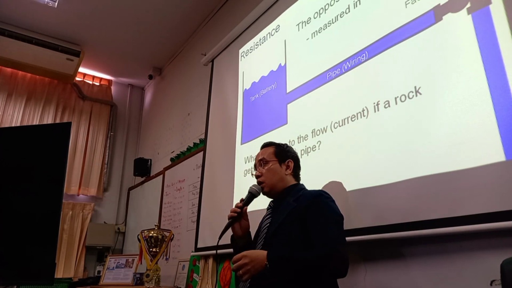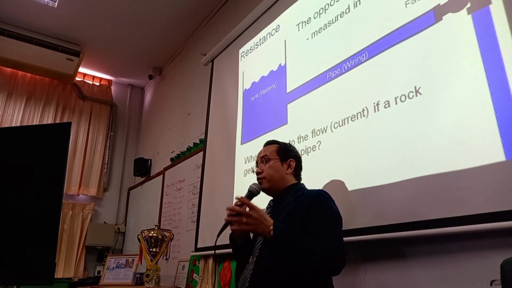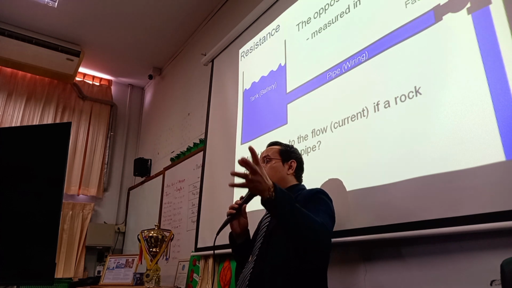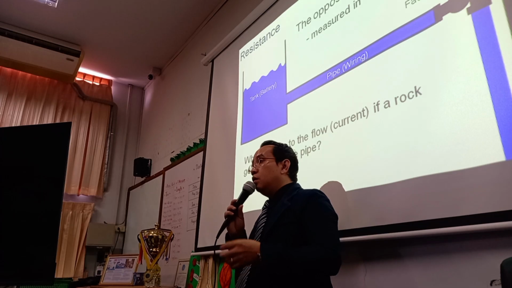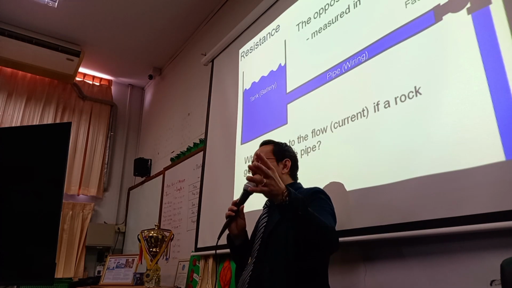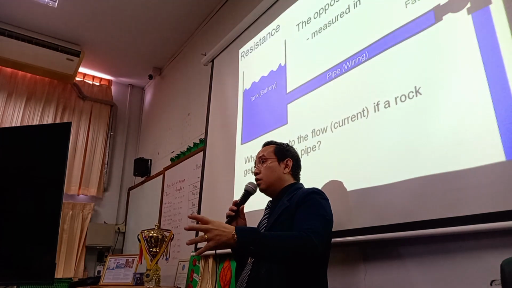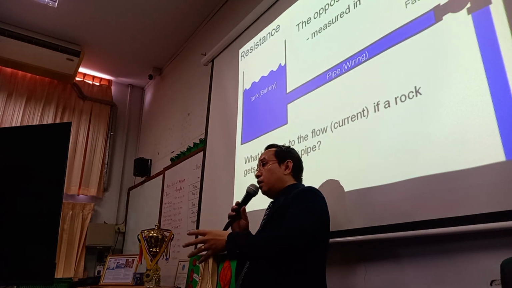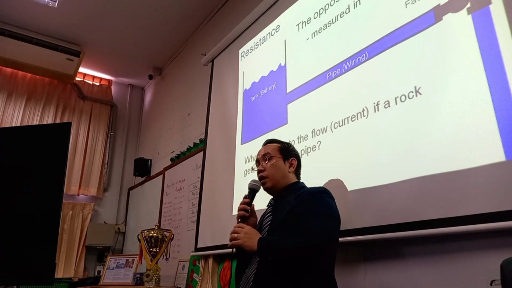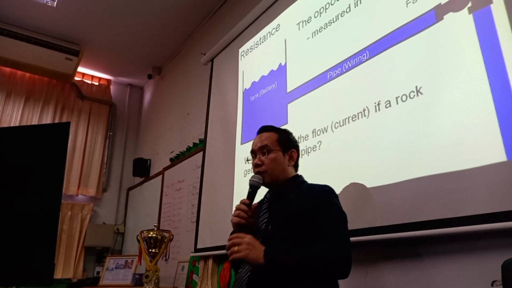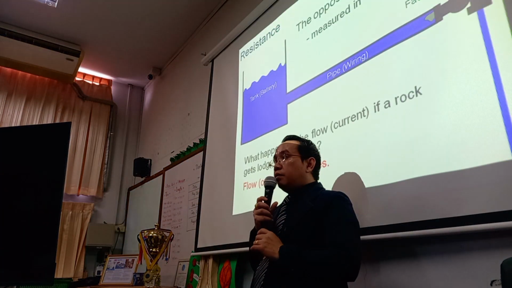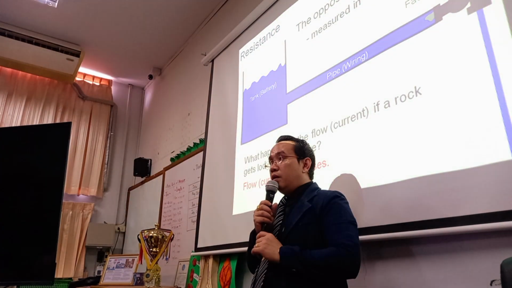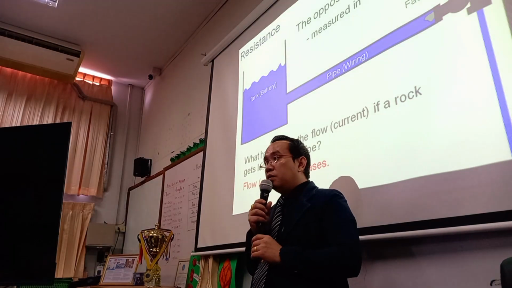So the flow of water in our faucet is very slow, which means there is a resistance. There is something that holds or resists the flow of water, or even the electrons, if you base it on electricity. So the flow of current decreases or slows down.